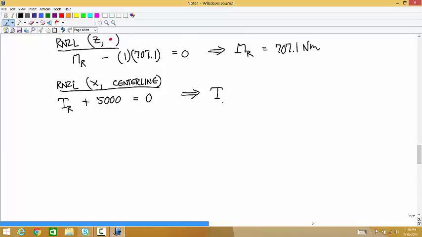And so the reaction torque is equal to negative 5,000 newton-meters. Any questions about that part? That's the external loads. We haven't started the internal loads yet. So now we're going to isolate the left half of the beam.